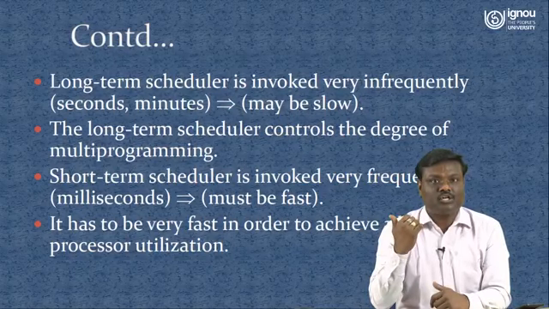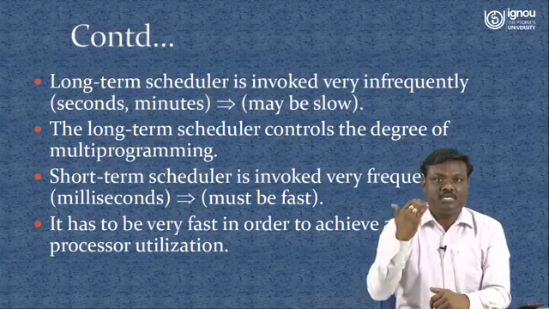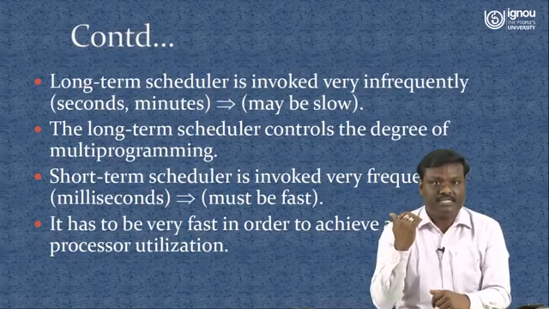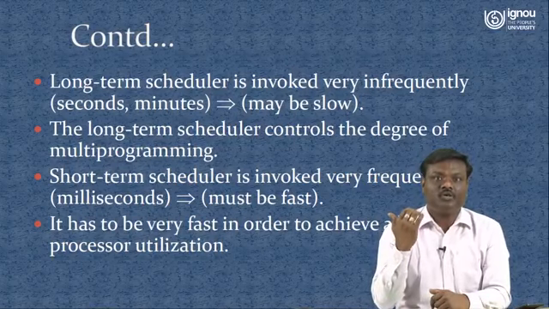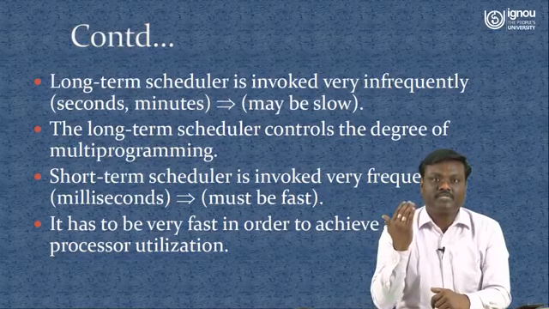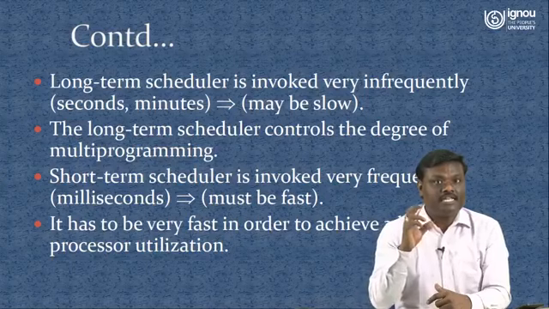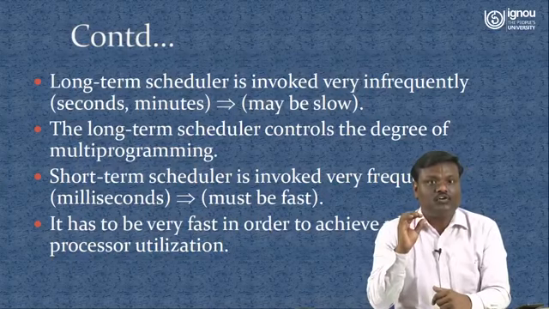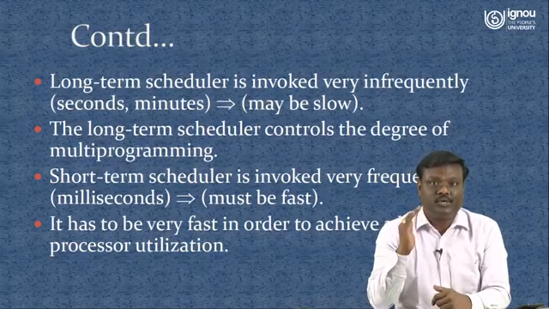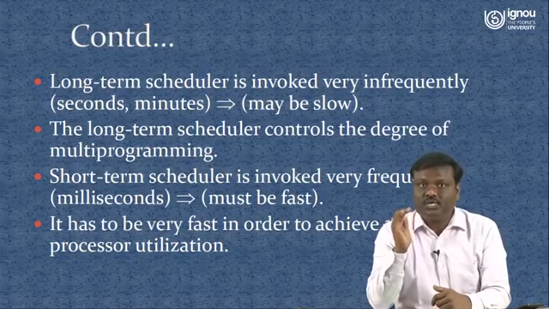When we talk about the short-term scheduler, it happens very frequently because the context switch happens here, and depending upon the context switch, the CPU is assigned to the processes in an order, and it has to be a very fast execution. This short-term scheduler focuses on processor utilization. The processor should not sit idle.